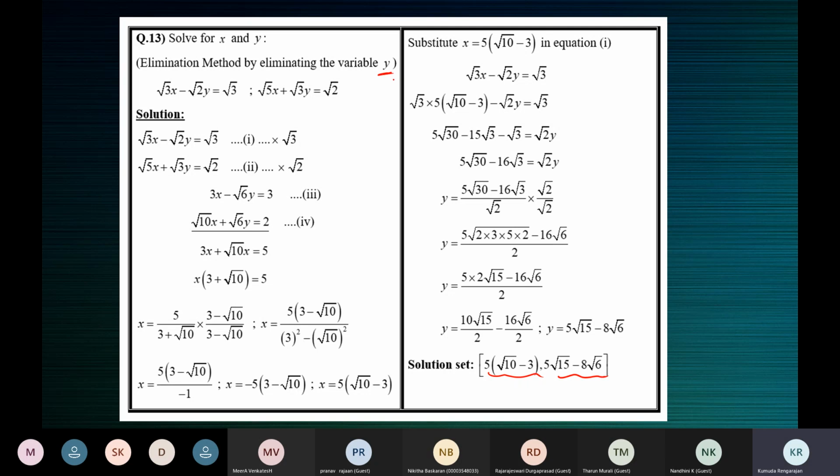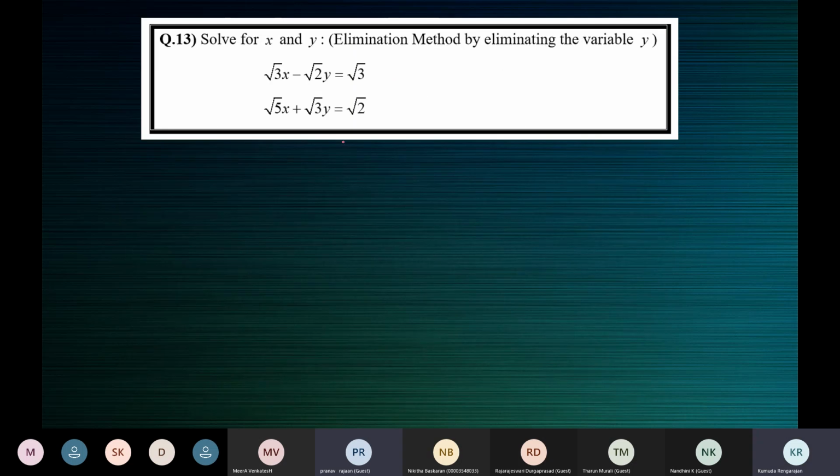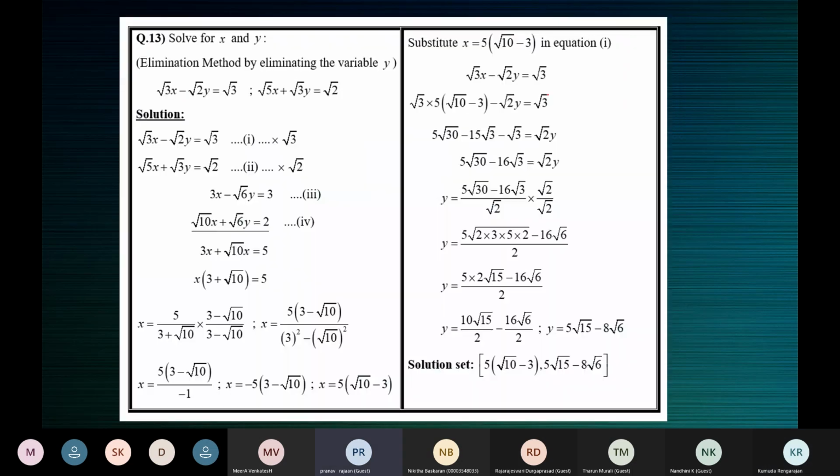The question was to eliminate y. But if the question was to eliminate x, then you should multiply the first equation by root 5 and the second equation by root 3. And the equation is like 3x minus root 6y is equal to 3 and root 10x plus 6y. Then how will you do it if the equation is like this?